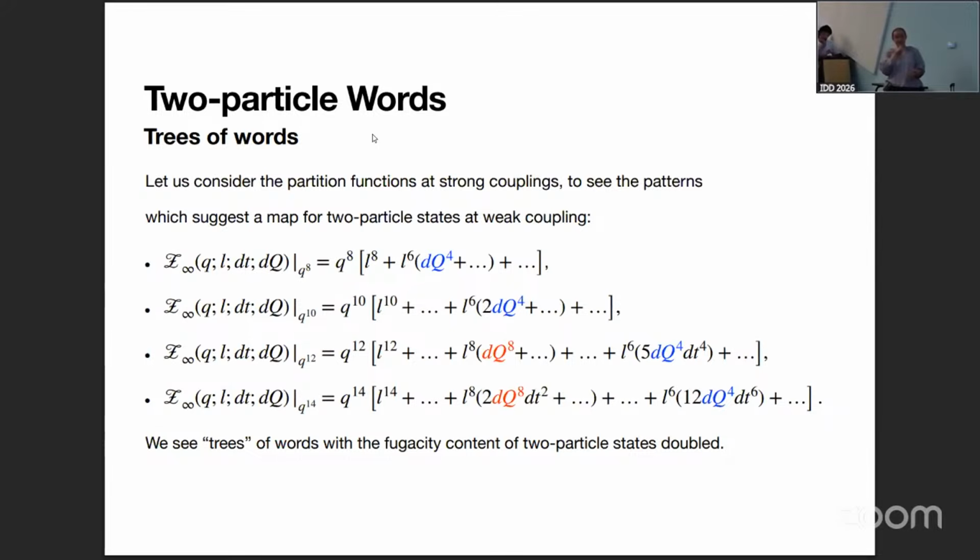And then, okay, at strong coupling we want to do the same trick. The point is we can't really restrict ourselves to the two particle sector at strong coupling. But we can try to find patterns, and there was one pattern which we found. This is just a raw partition function at strong coupling for various dimensions.